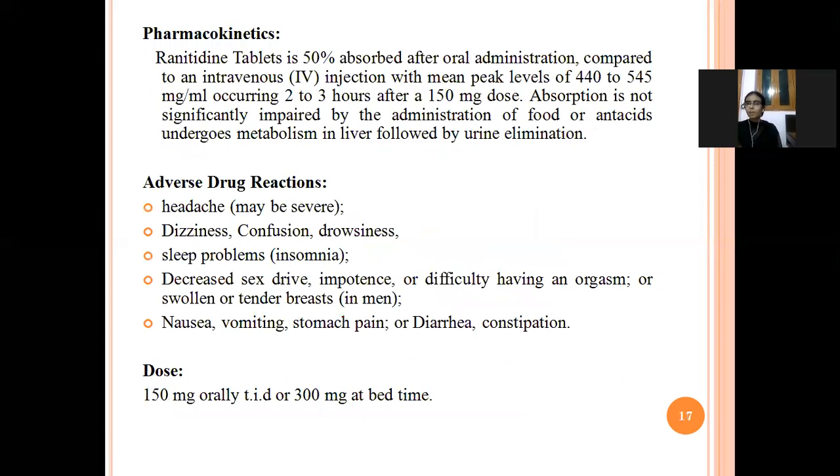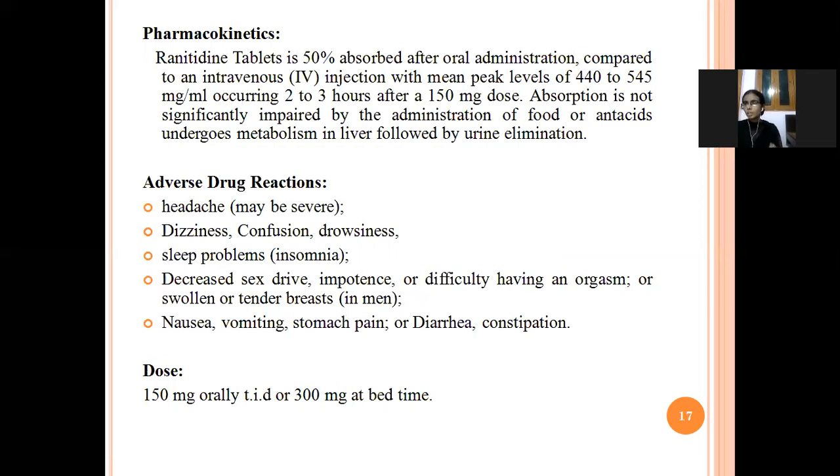And pharmacokinetics are, it is given by the oral and the intravenous route of administration. But when we compare with the intravenous route, the oral administration is well absorbed, and it is metabolized in the liver and excreted through the urine.